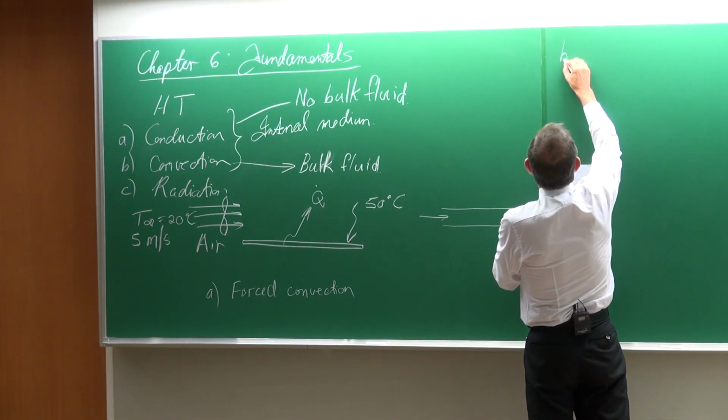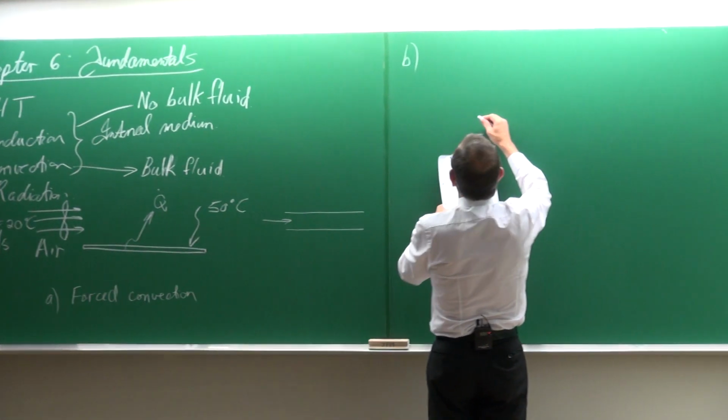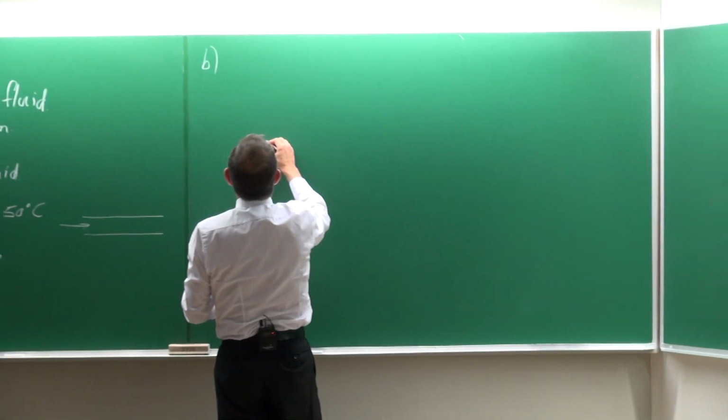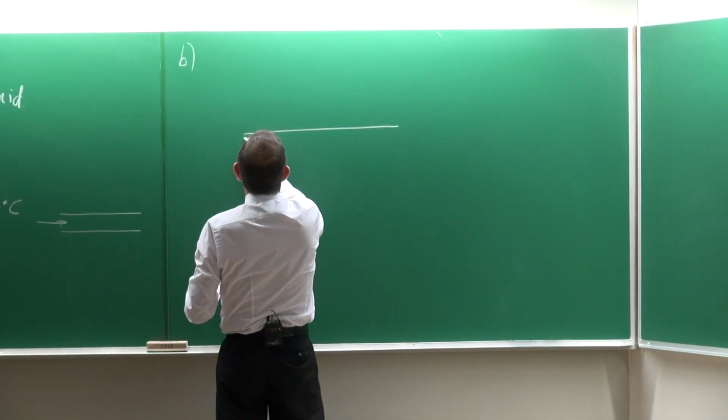The second type of convection is natural convection.